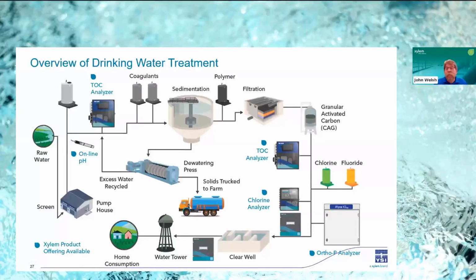That would be before that water gets into the clear well, or depending on the particular circumstances of a plant, being primarily how long that water is going to sit in this clear well, how much organic carbon may be there, how much chlorine may be there, then that analyzer could be placed on the backside of the clear well before that water is distributed to the community.